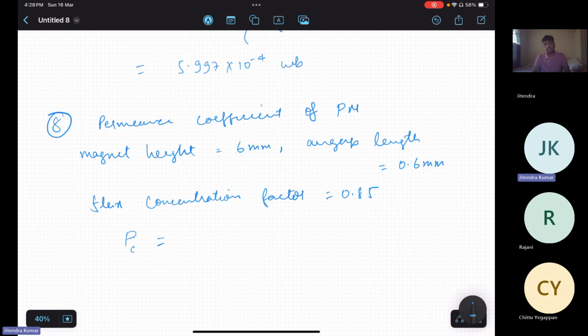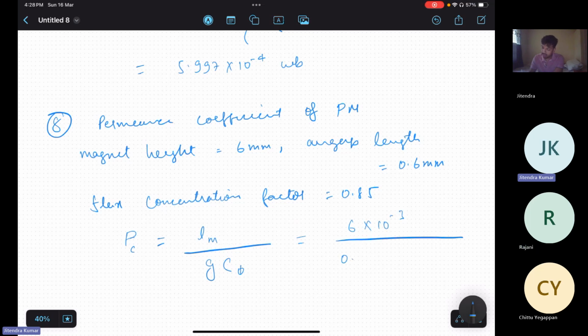And the equation in terms of flux concentration factor, if you try to recall, is Lm divided by g into C phi. Yes. Okay. So Lm is magnet height, which is 6 mm.